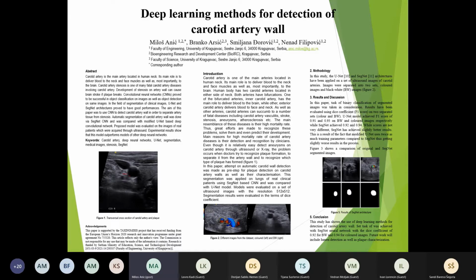In contrast to this, even though SegNet gave us better results, this is actually part of future work.